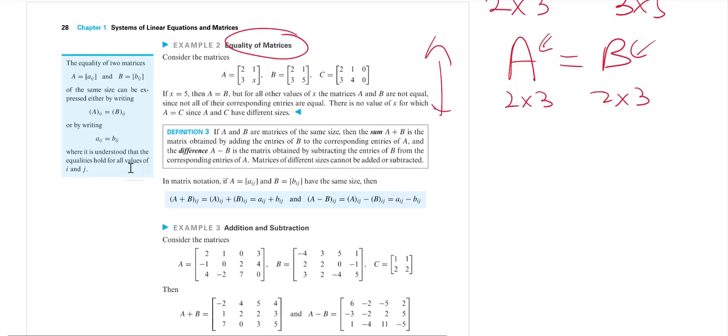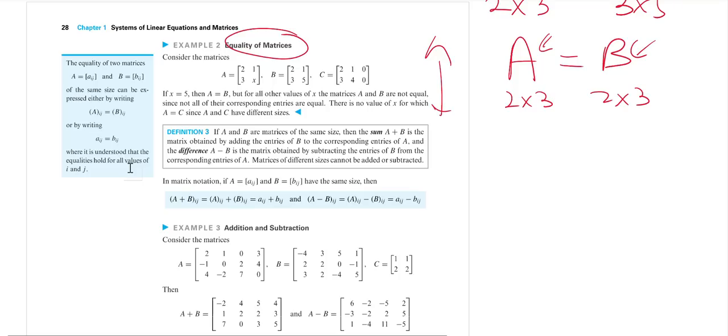All right, now we want to talk about matrix operations. Just like numbers, where we can add, subtract, and multiply, we want to be able to do the same for matrices: add matrices, subtract matrices, multiply matrices, and so on. Before we can talk about addition and subtraction of matrices, we have to make sure that those matrices are compatible for these operations.